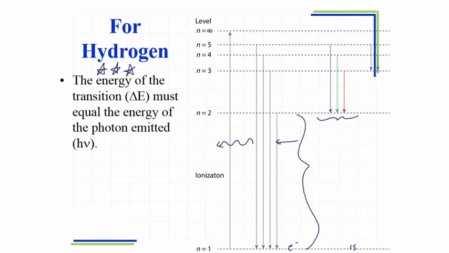As the electron transitions down, it has a change of energy, and that's the delta E. That's a change in energy of that electron. Whatever the size of that energy change, that has to equal the energy of the photon that's emitted. So when that transition occurs and a photon of light is emitted, the energy of that photon is equal to the energy change of the electron.